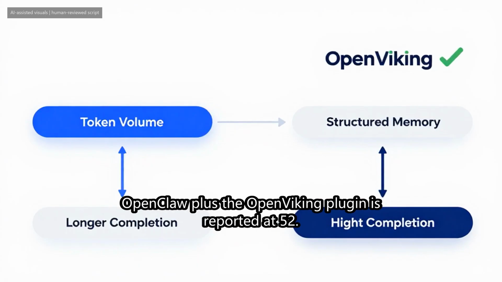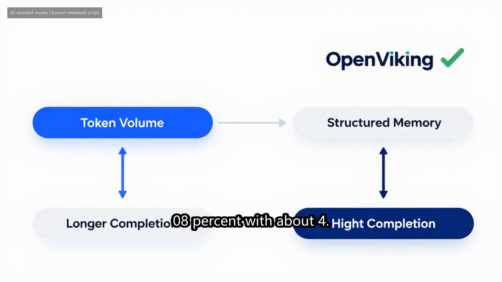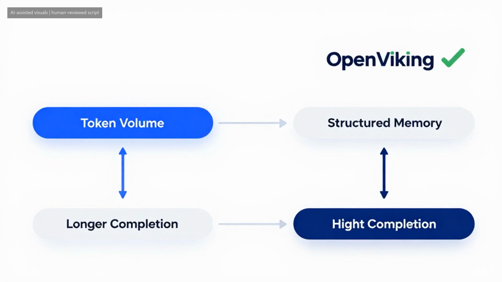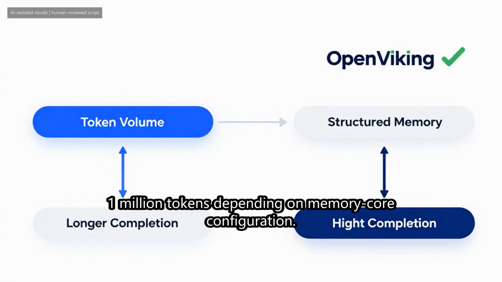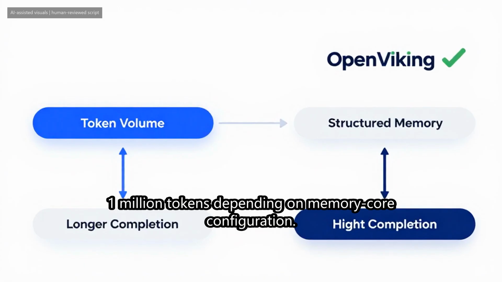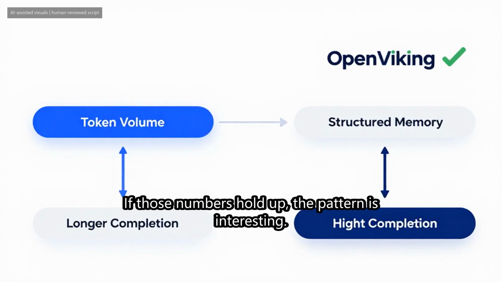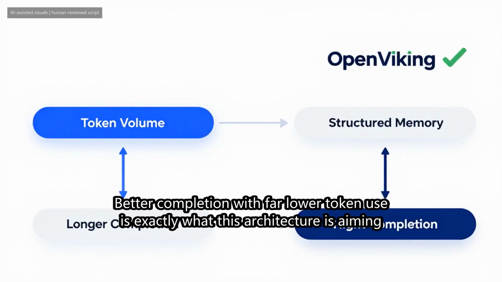OpenClaw plus the OpenViking plugin is reported at 52.08% with about 4.26 million tokens, and 51.3% with about 2.1 million tokens depending on memory core configuration. If those numbers hold up, the pattern is interesting. Better completion with far lower token use is exactly what this architecture is aiming for.